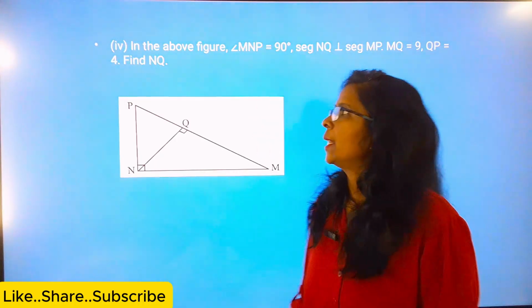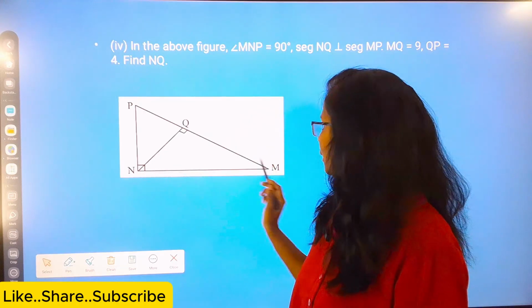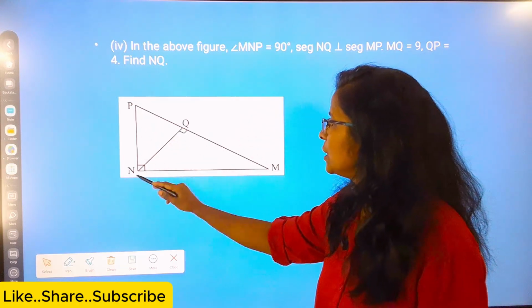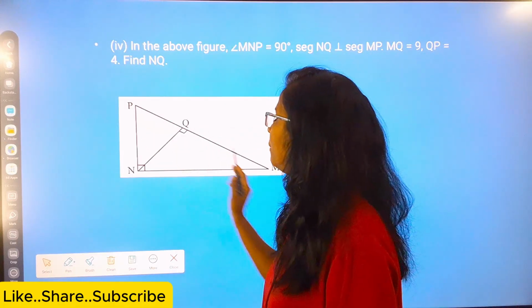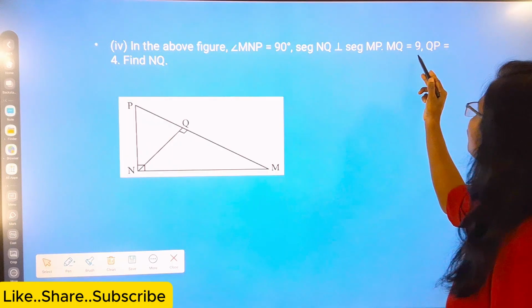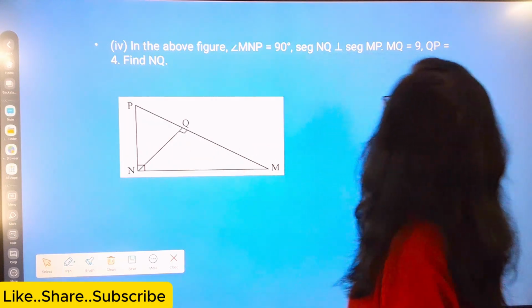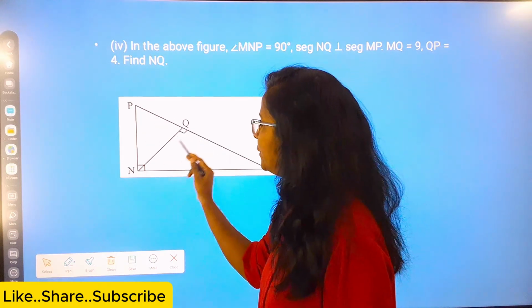Okay, now in the above figure, angle NNP is equal to 90 degrees, segment NQ is perpendicular to segment MP, and NQ is equal to 9, and QP is equal to 4, and we have to find the NQ.